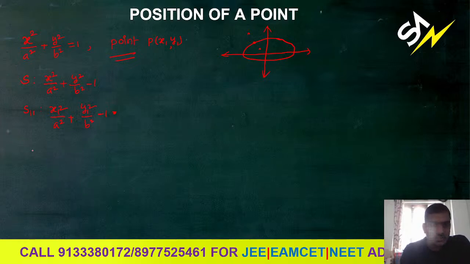Let us find this S11. If S11 is greater than 0, then the point is outside the ellipse. If S11 is equal to 0, then the point is on the ellipse.